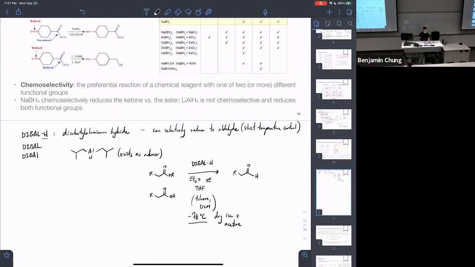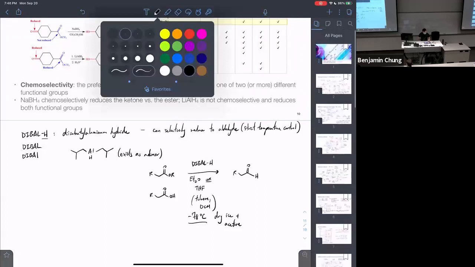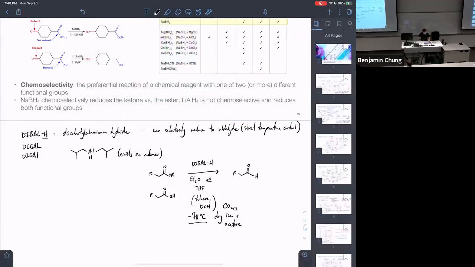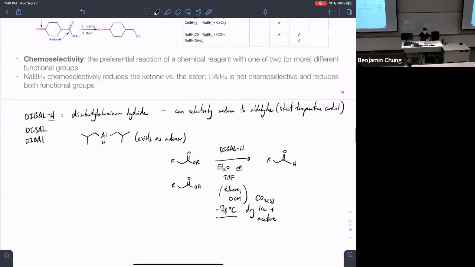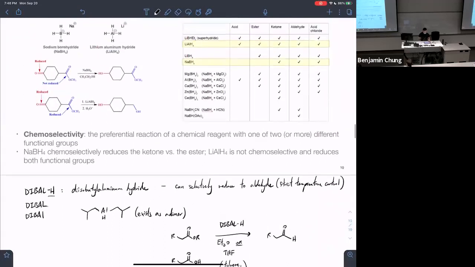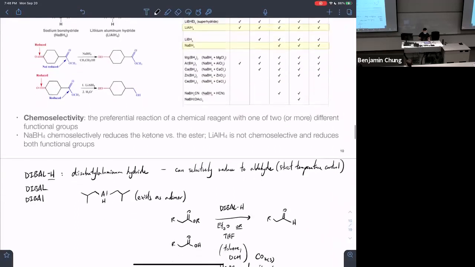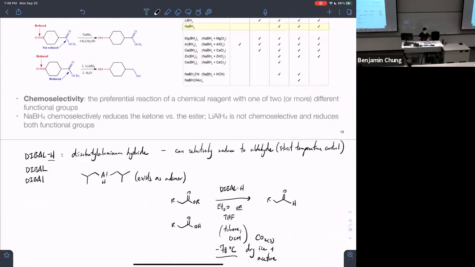Dry ice is just solid CO2. So this is a very useful reagent to have in your toolkit to selectively generate aldehydes from carboxylic acids or esters.